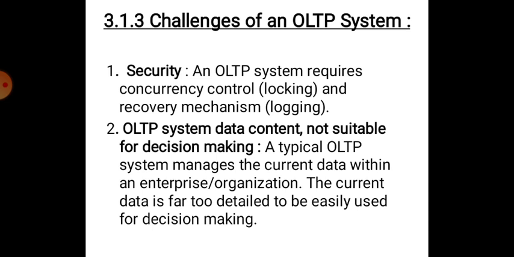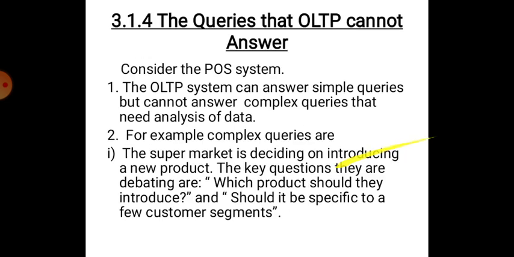Students, for online transaction processing, there are a number of transactions and all these details will not help any individual to take a decision. To take a decision, data should be presented in concise form. Then only are decisions possible. Voluminous data will not help in decision making, and voluminous data or transactions are present in OLTP. That is why data available from OLTP is not directly useful for decision making.